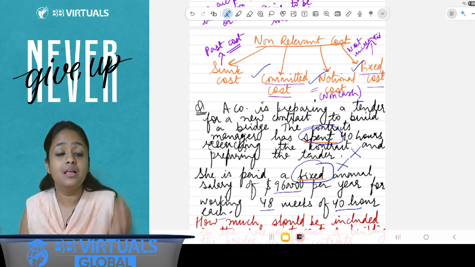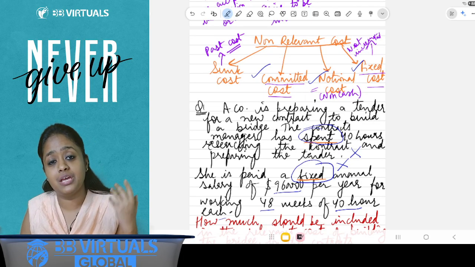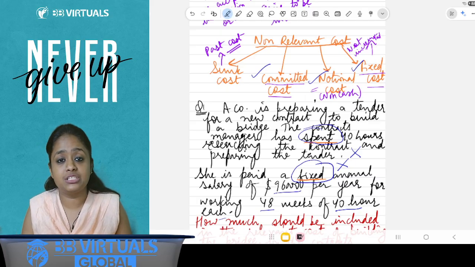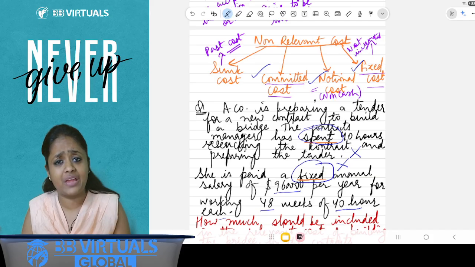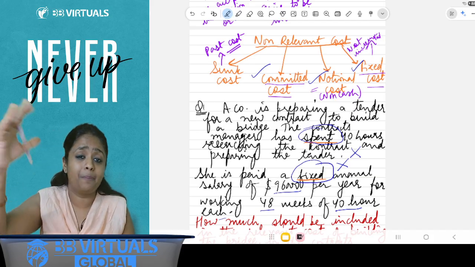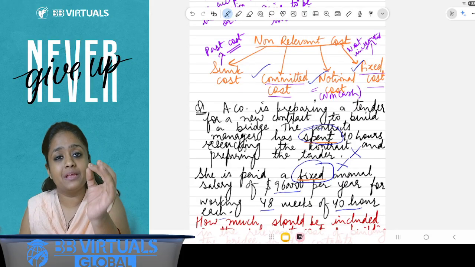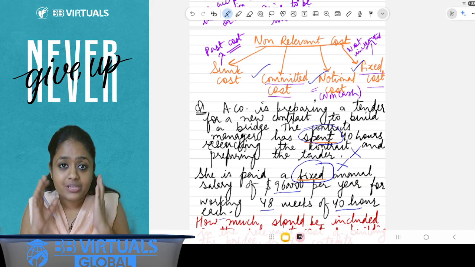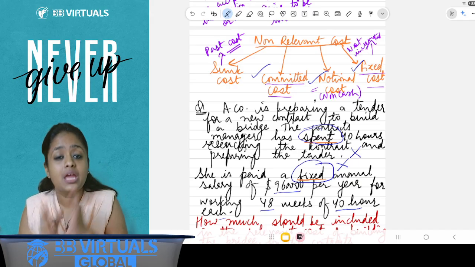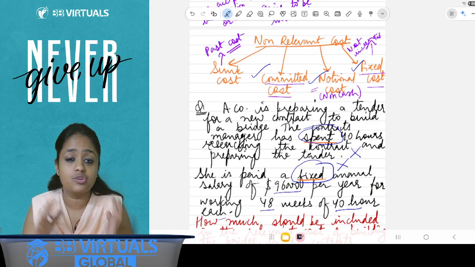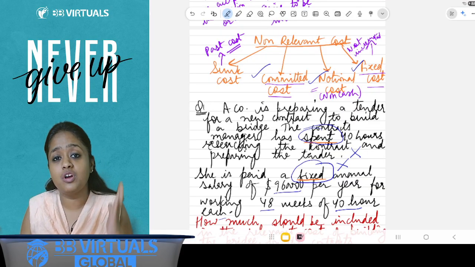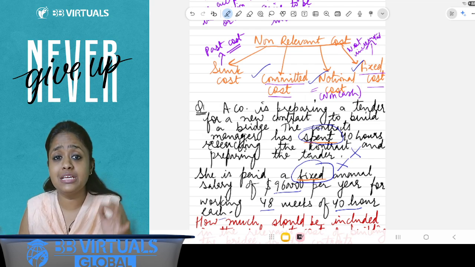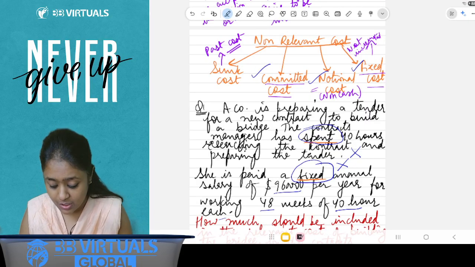For example, if you are doing a production and you are paying rent for a factory, then whether you make a production of 100 units, 200 units, 500 units, up till the capacity is not exceeded, you'll pay the same shop rent. So it won't affect whether we're taking the new decision or not, because whether you accept the decision or you reject it, the fixed cost will remain fixed. So here, fixed cost is my non-relevant cost.